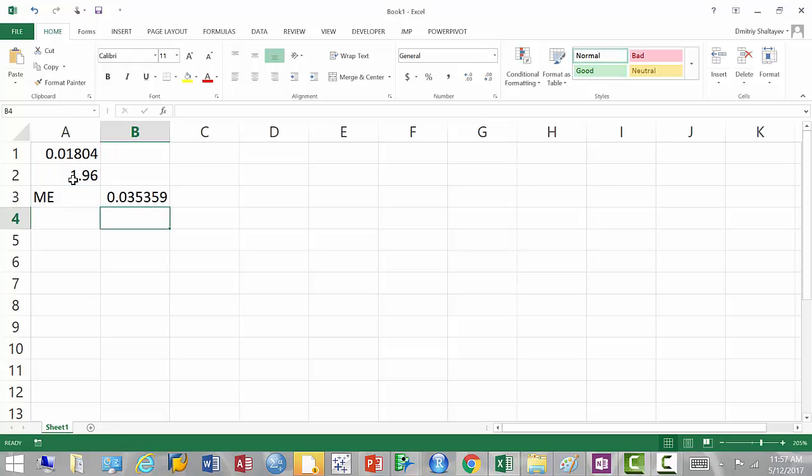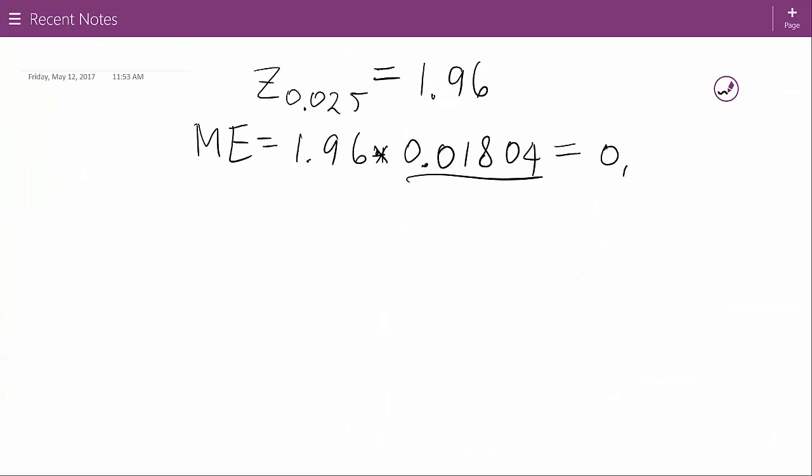So I'm getting 0.035359. Let me write that down before I forget. 0.035359. Okay? And after that, I can compute my upper and lower confidence limits.